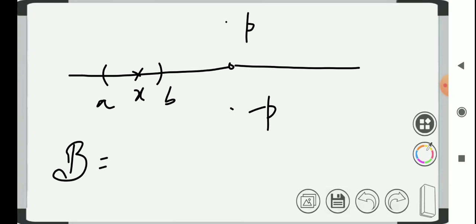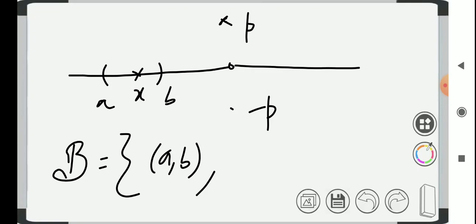That is, B is the set of all intervals like this, but these should not include P or minus P. If we choose a neighborhood around P, that basis set should also include these points, but exclude minus P. It should not include minus P.